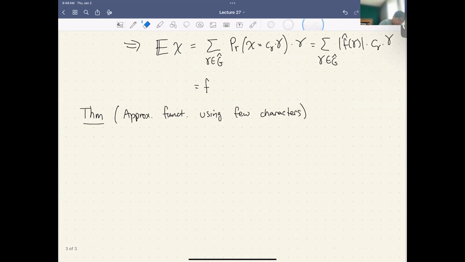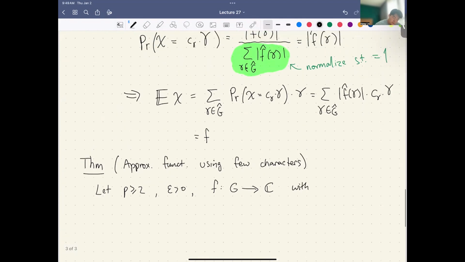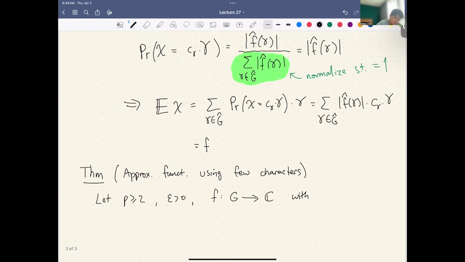So we have, again, some p norm we want to approximate. Epsilon is the error, how close we want to approximate this function. And then we have a function f normalized so that this is 1. So this is nothing but the little L1 norm.